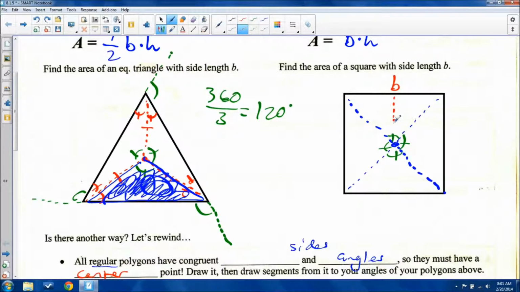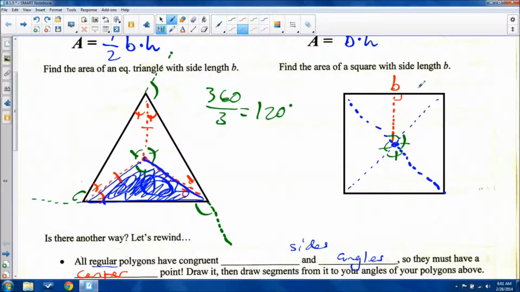Let's draw an altitude here because I need to find the area of this triangle. This length, we could do this in two different ways, but this length is exactly half this length right here.